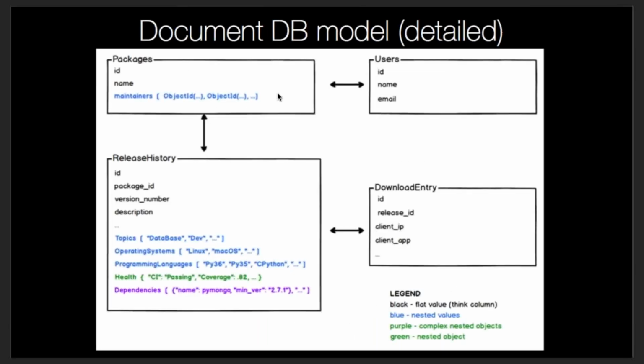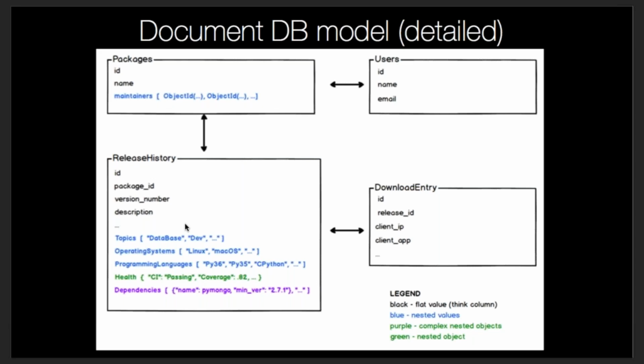Over in packages, we have the ID of the package, we have the name of the package, and we have the maintainers, right? And these object IDs are foreign keys, okay? So we don't need that maintainer package user normalization table. We just have them stored here. So getting to the maintainers is really quick and easy. It's one query over to here.